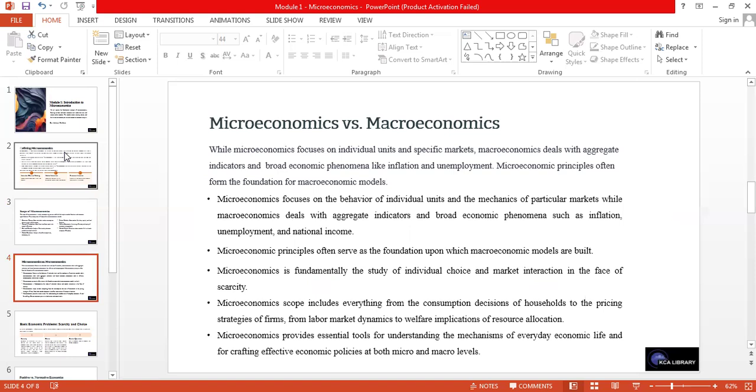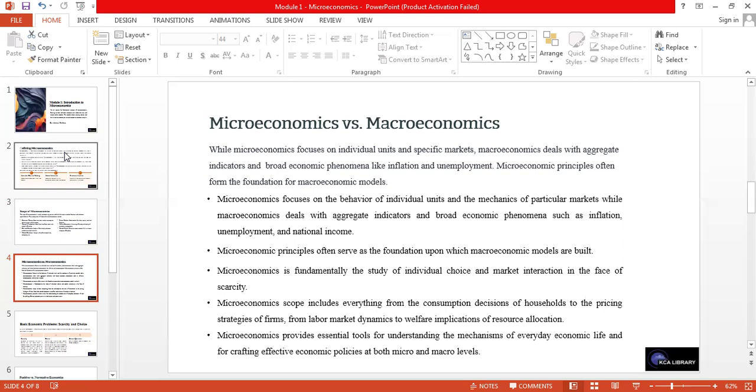When we talk about this concept, we have microeconomics and macroeconomics. What difference can we say they have? While microeconomics focuses on individual units and specific markets, macroeconomics deals with aggregate indicators and broad economic phenomena like inflation, unemployment, and others.